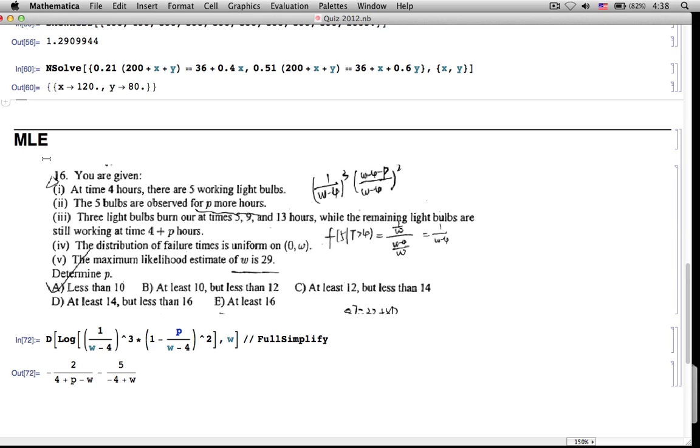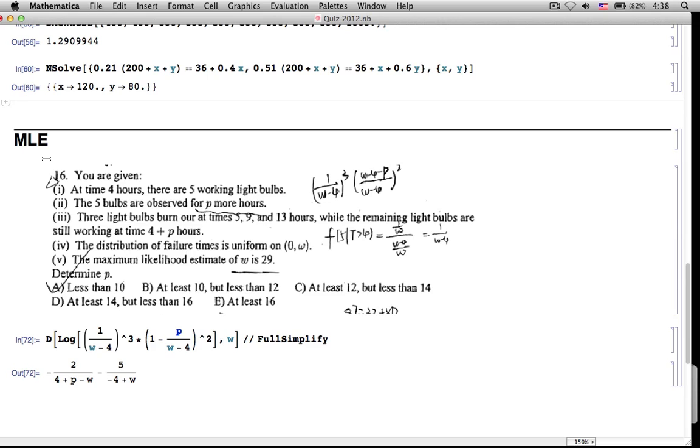The other 2 remaining light bulbs survived this p-hour observing window. We know that the failure time is uniformly distributed between 0 and omega, and the maximum likelihood estimate for omega is 29. Knowing these, calculate p.